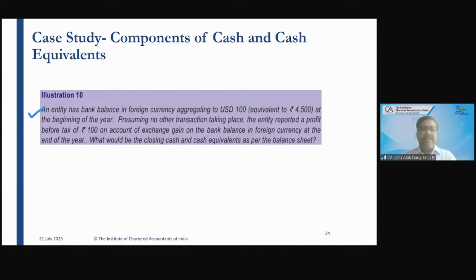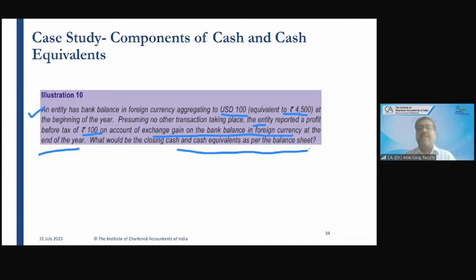An entity has a bank balance in foreign currency aggregating to $100. You remember we discussed this, $100 equivalent to 4,500 rupees at the beginning of the year. Presuming no other transaction taking place, the entity reported a profit before tax of rupees 100 on account of exchange gain on the bank balance in foreign currency at the end of the year.